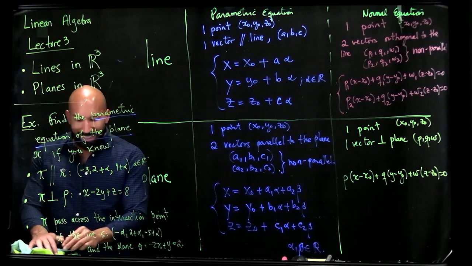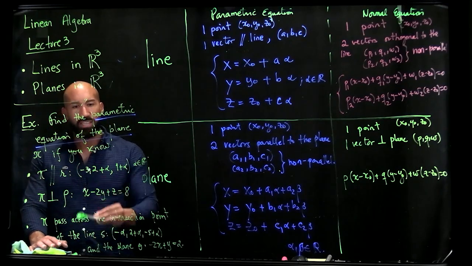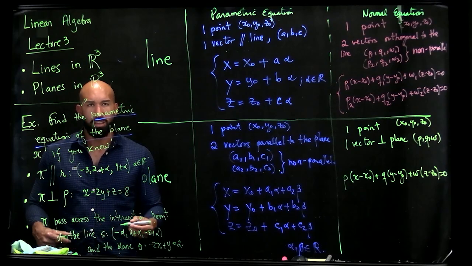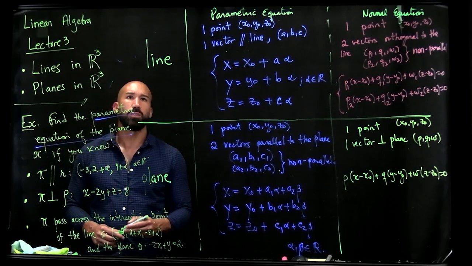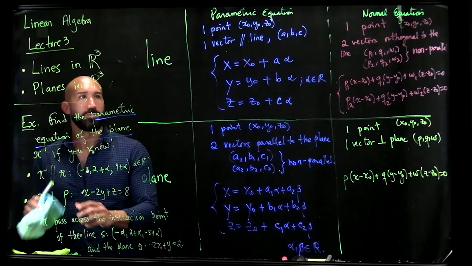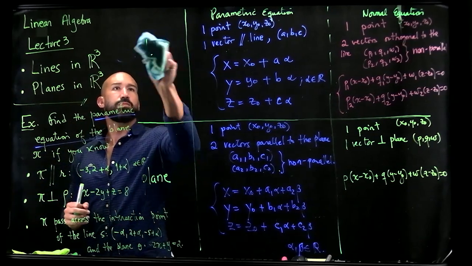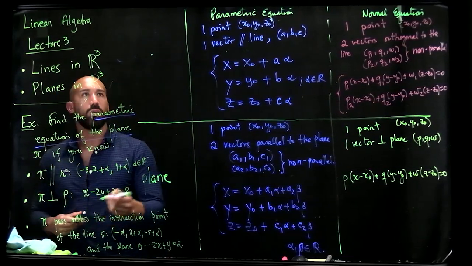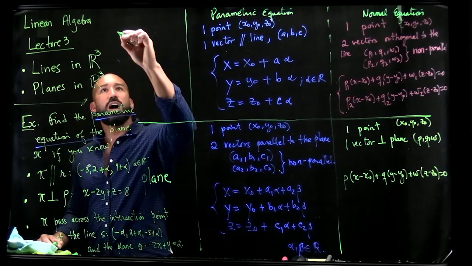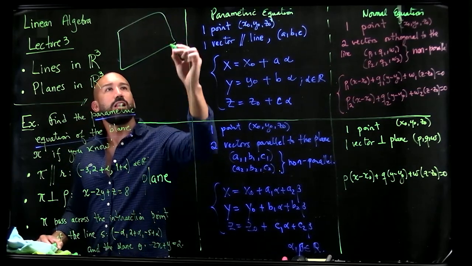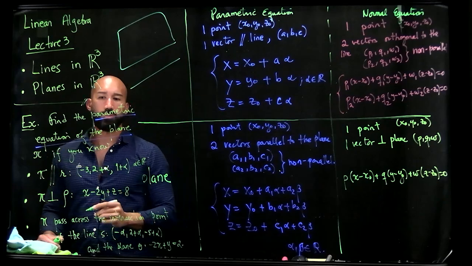And if we look at the parametric equation of this line R, what we know is the following. I'm going to erase this part a bit. Well, we know that R is parallel to my plane.